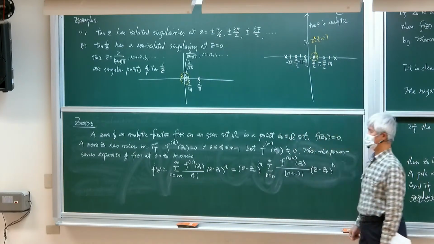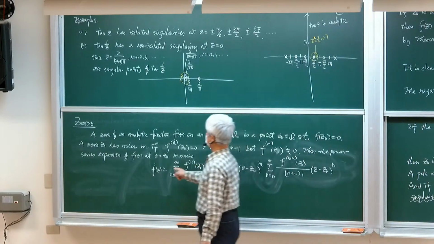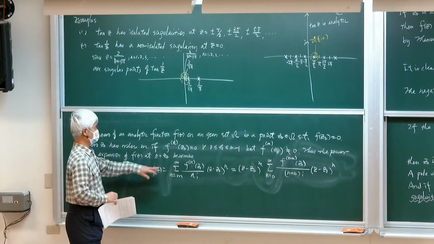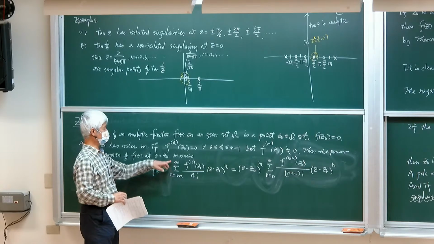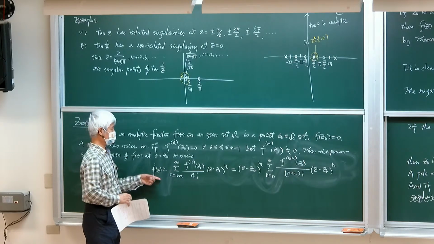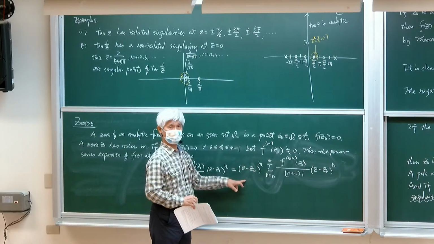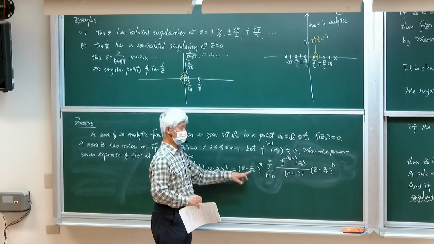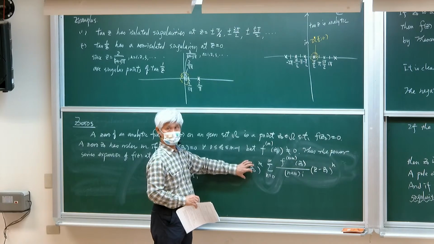So if z0 is a zero of order m, then the power series expansion of f of z at this point has a factor which is the m-th power of z minus z0.